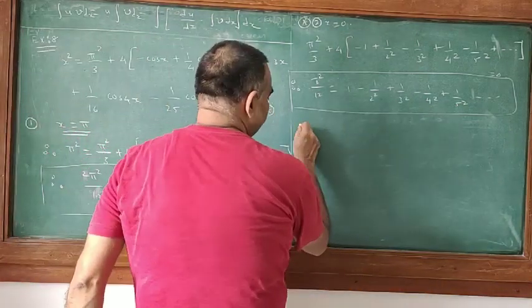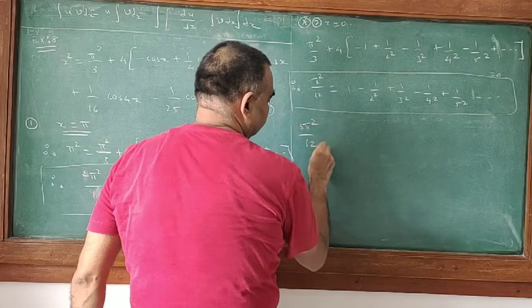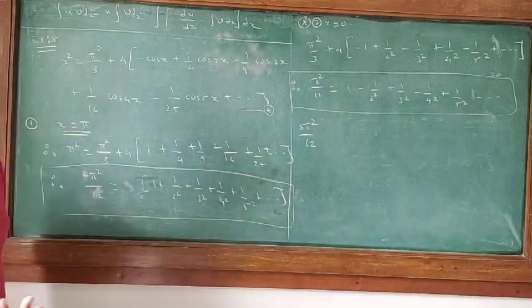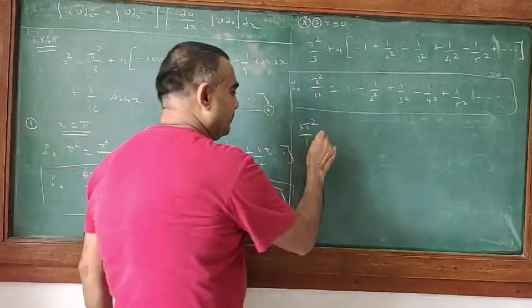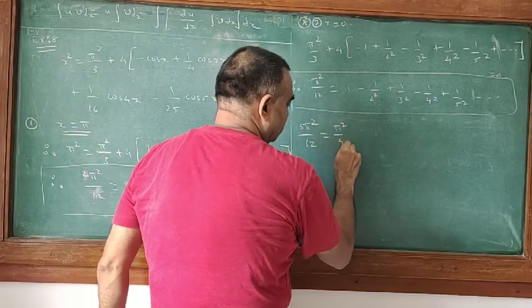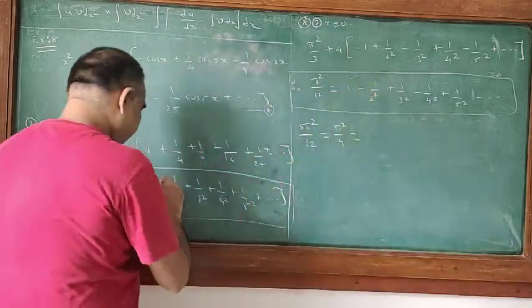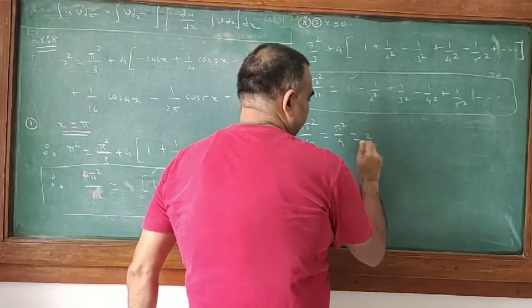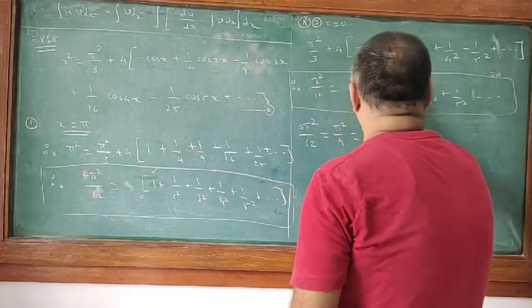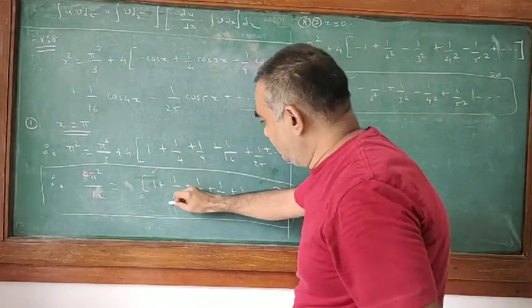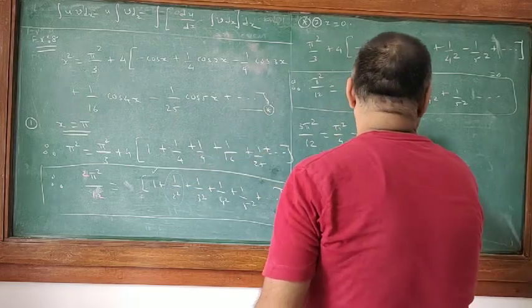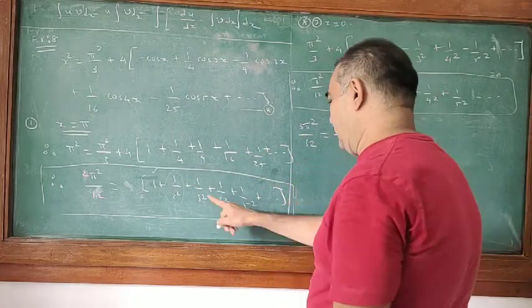So it is 3 pi square by 12, which means it is pi square by 4. 1 plus 1, it is 2. Then this term will be cancelled. Plus 2 upon 3 square.